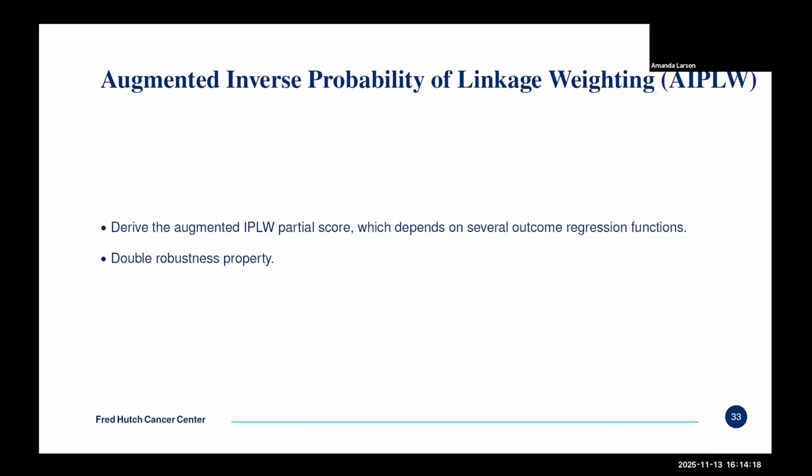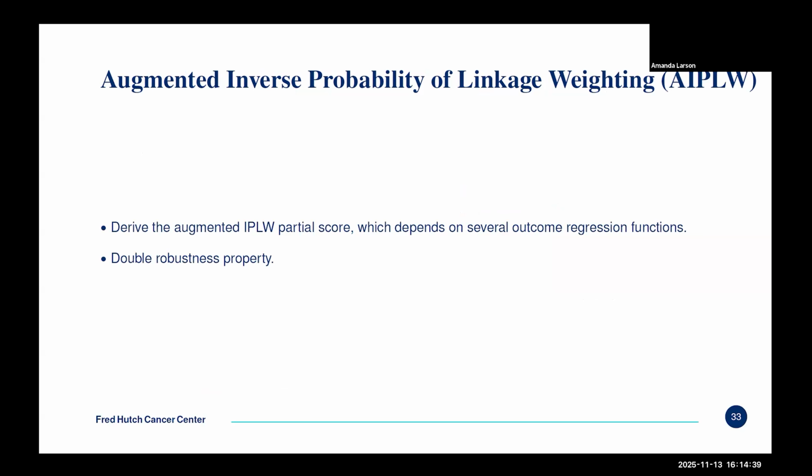We also developed the augmented IPLW weighted method. This augmentation is a bit complicated because it has three different functions, and making sure all three are correct is not that easy.